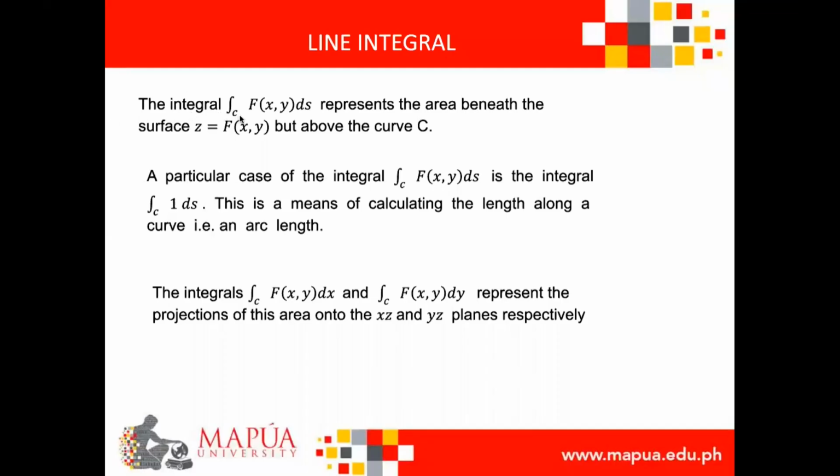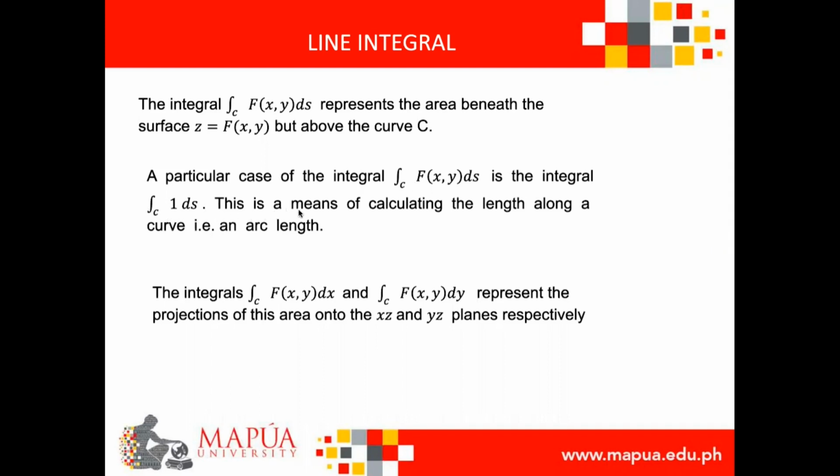The integral of f(x,y) ds along the curve C represents the area beneath the surface z equals f(x,y) but above the curve C. A particular case of the integral of f(x,y) ds with respect to the curve is the integral of 1 ds along the curve.